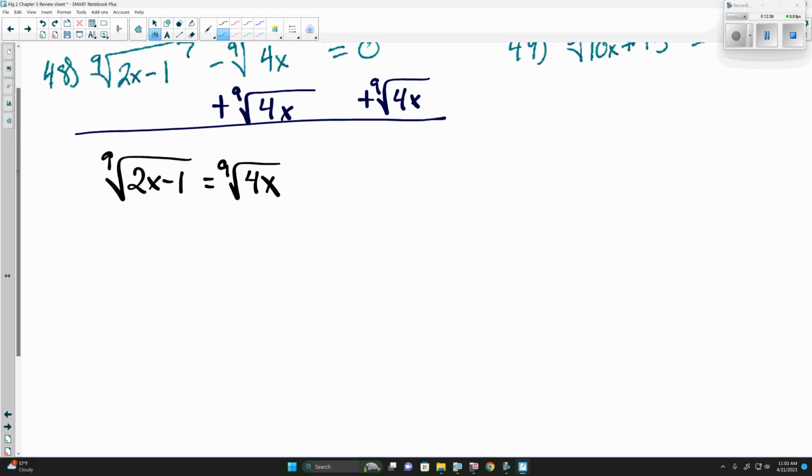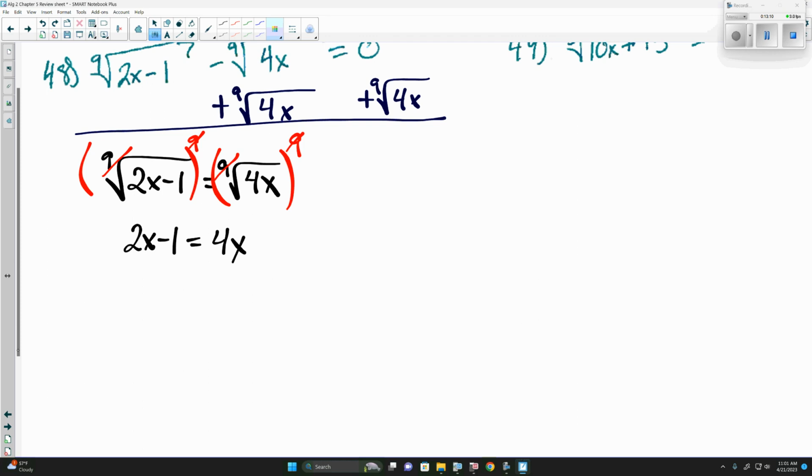Since we have them evened out, we can apply the nth power to both sides. In this case, the nth power is 9. Now since there's only one term on either side, the root and the exponent will simplify out, giving us 2x minus 1. Here, they will cancel out, giving us 4x, guys.